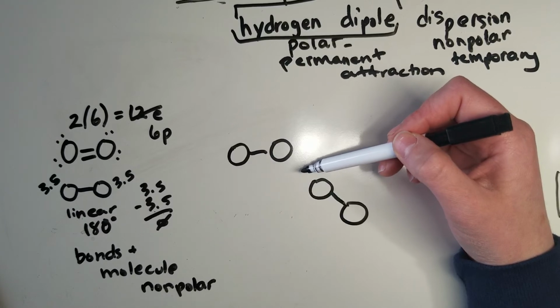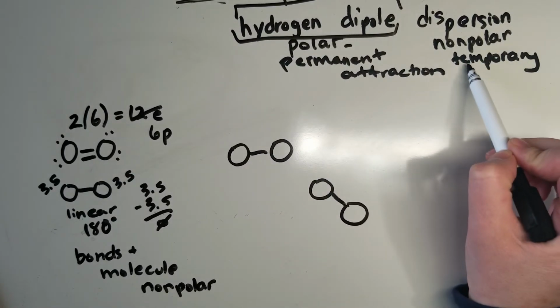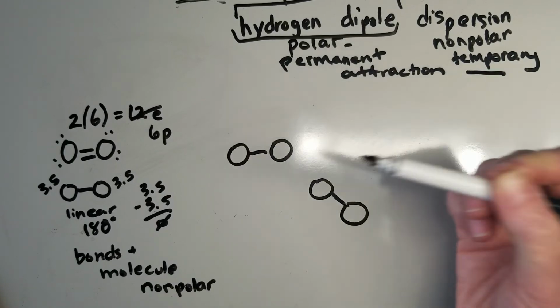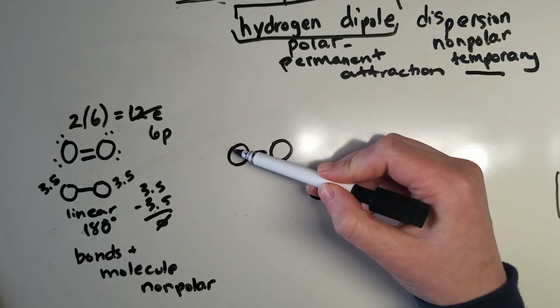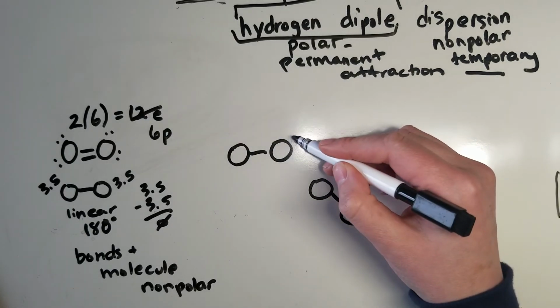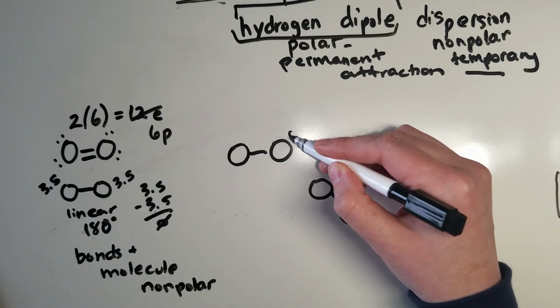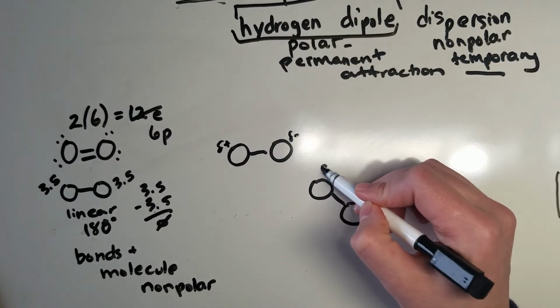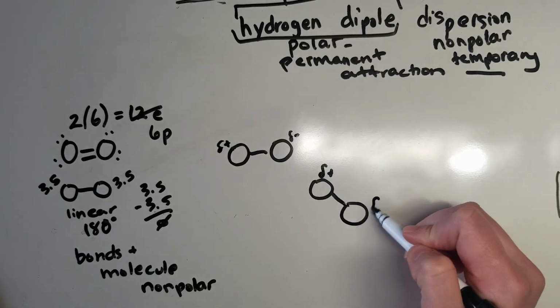And when they do that, there is this temporary attraction that forms. It's a temporary dipole. And so we could show the electrons shifting temporarily and showing a little negative and a little positive force. Maybe this becomes a little bit negative, this becomes a little bit positive.